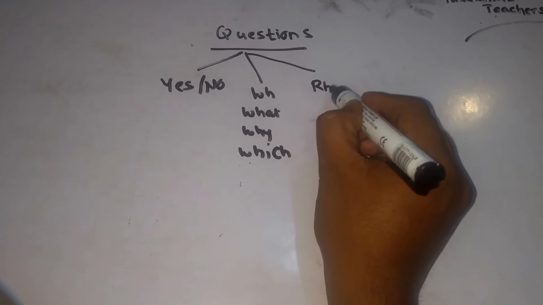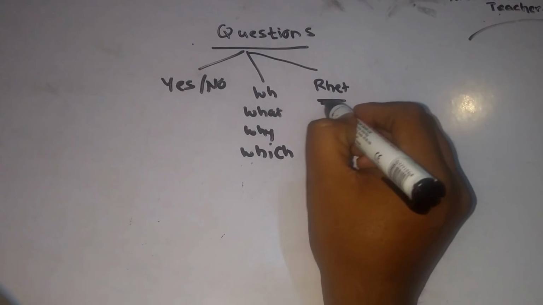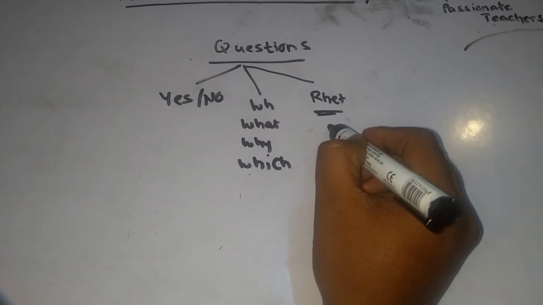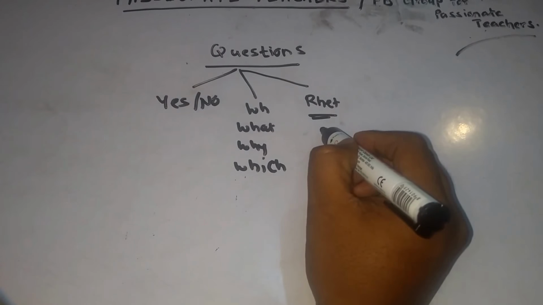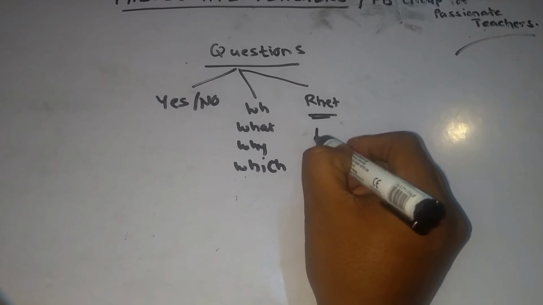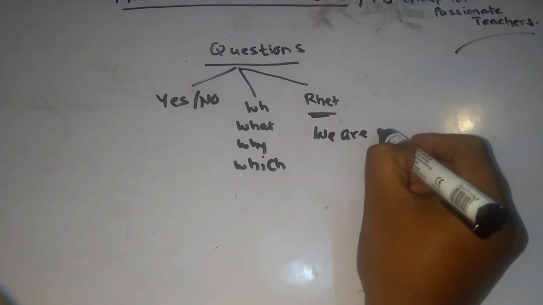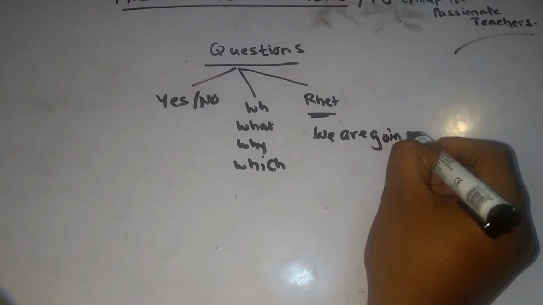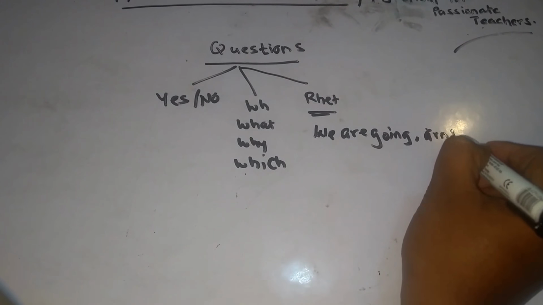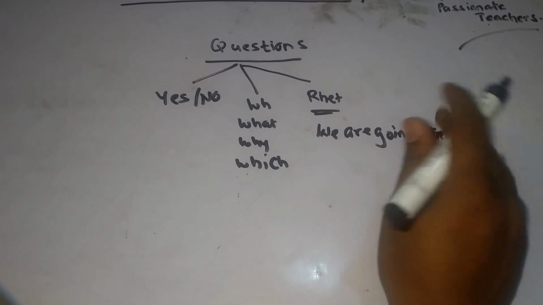the rhetoric form. Now, what is a rhetoric type of question? In this type of question, we actually don't need an answer from the person. For example, many times we say we are going, and we then ask, aren't we?